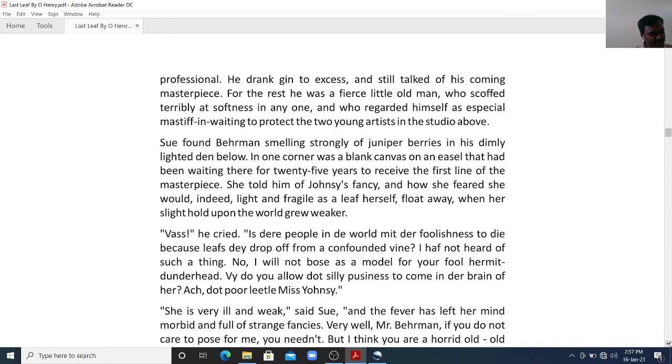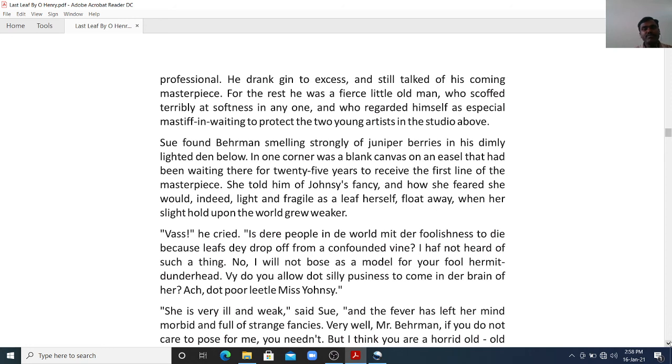Here a special master means like a dog which protects the house, actually guarding the two artists who are there in the three-story building, on the top of the three-story building, to protect the two young artists in the studio above.